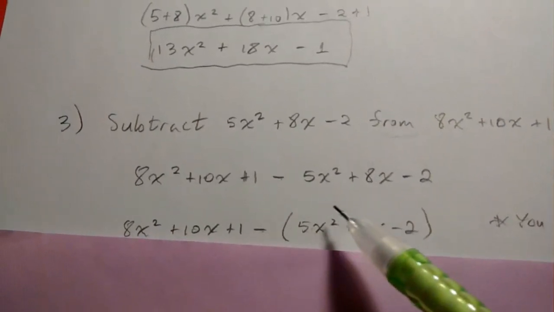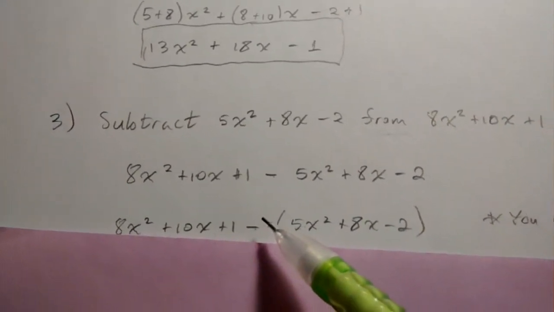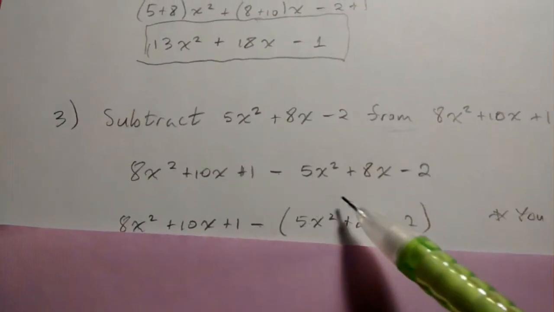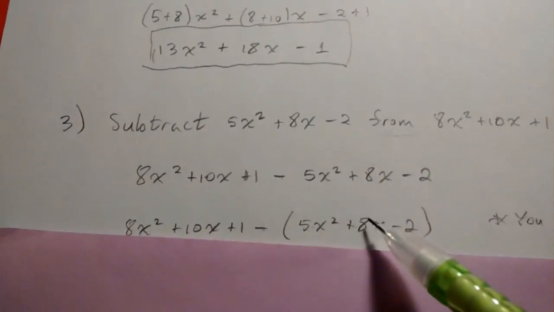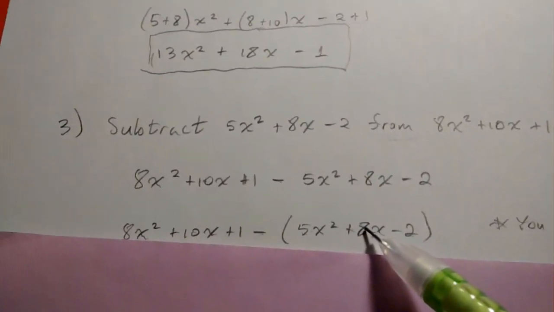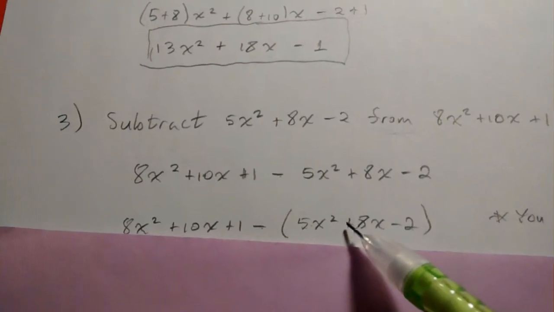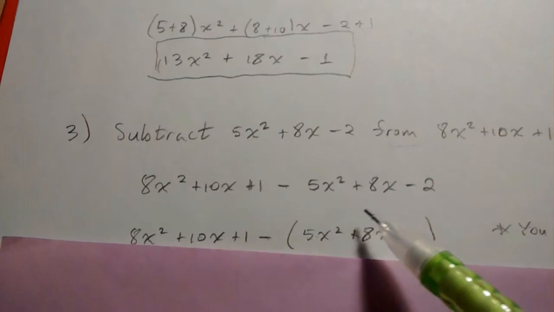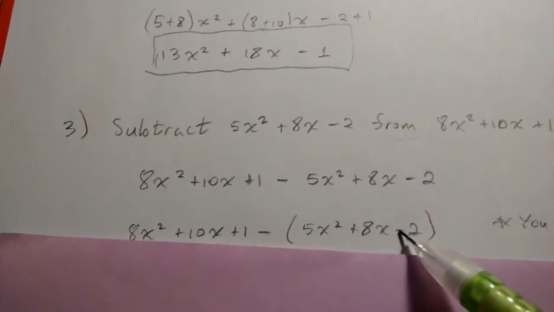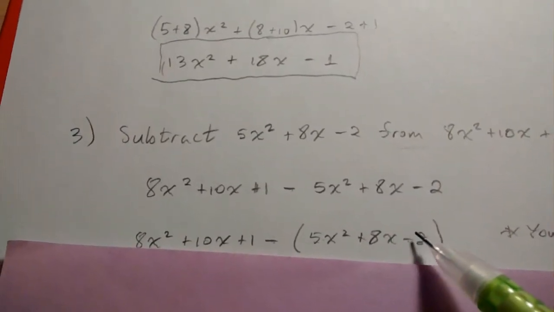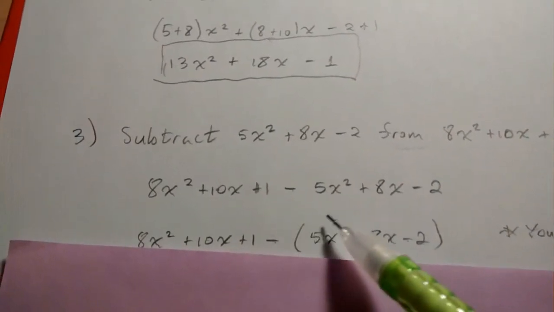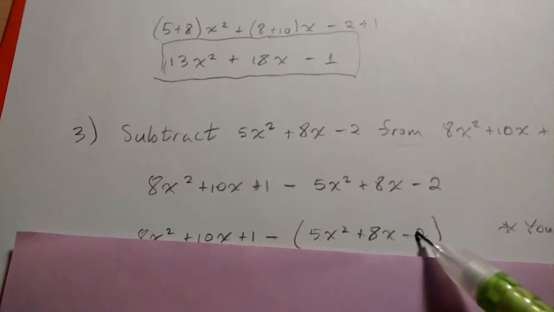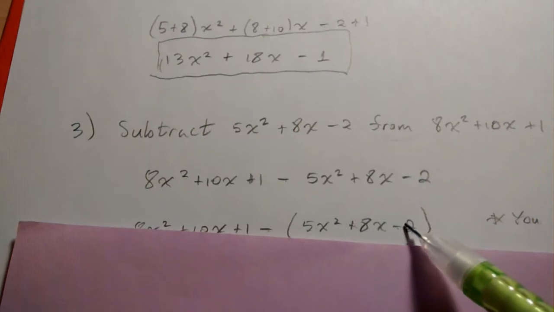This subtraction of an addition of 8x works as if that bypasses that addition and becomes the sign of that 8x out there. So you can think of that as plus a negative 8x, and the subtraction now distributing across these will bypass that subtraction, and we'll be subtracting a negative 2.